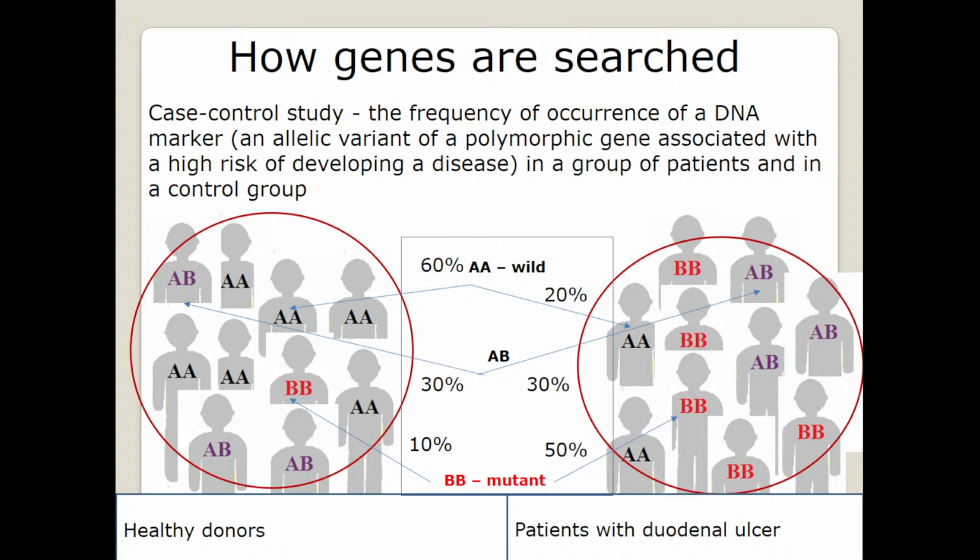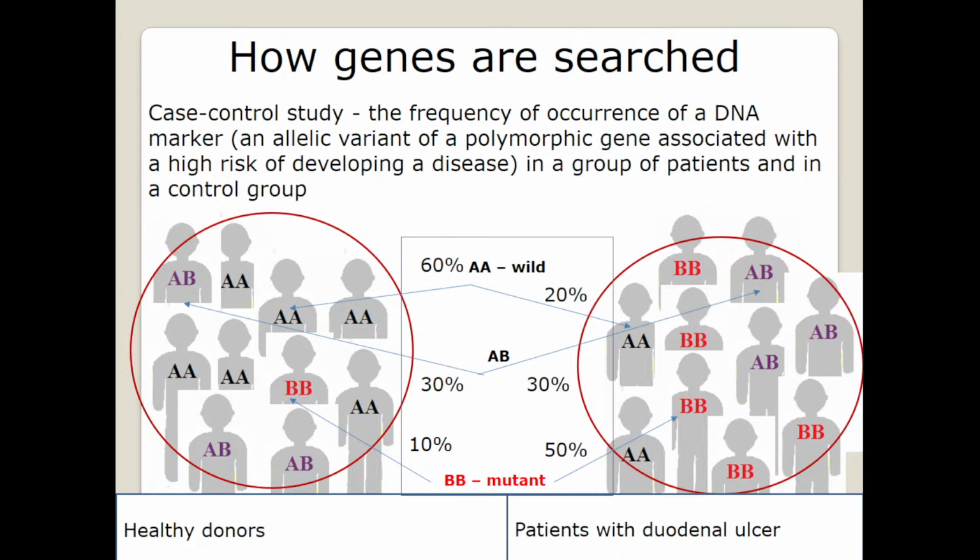In healthy donors, we can find AB, AA, BB: homozygotes AA, the wild type of nucleotides, in 60%, heterozygotes AB 30%, and BB homozygotes, the mutant nucleotides, only in 10% of cases.